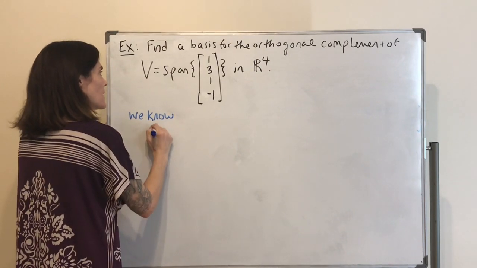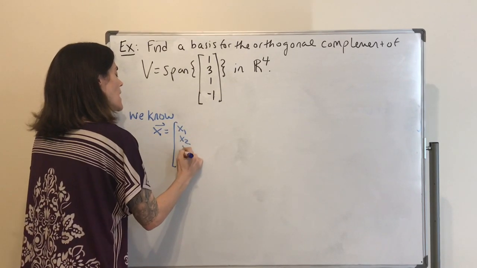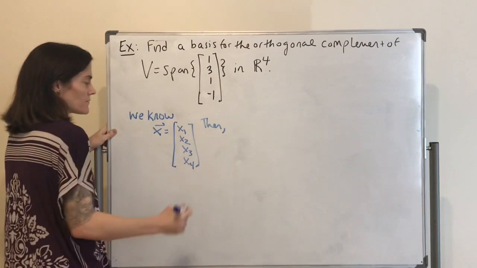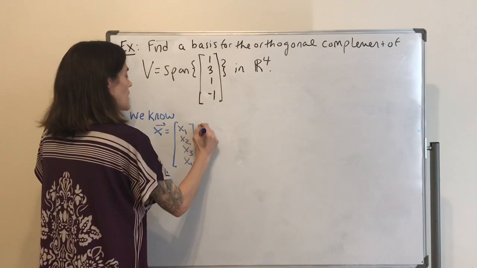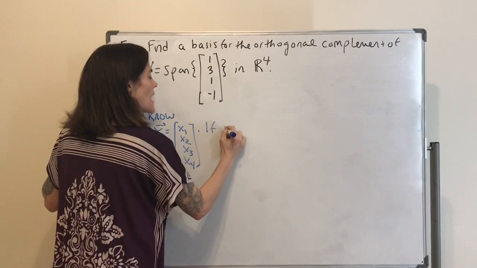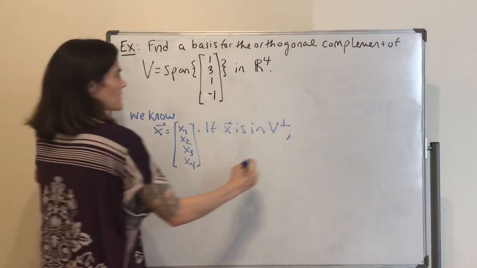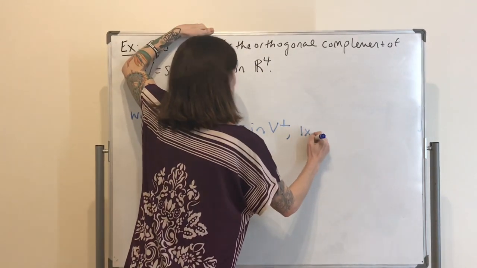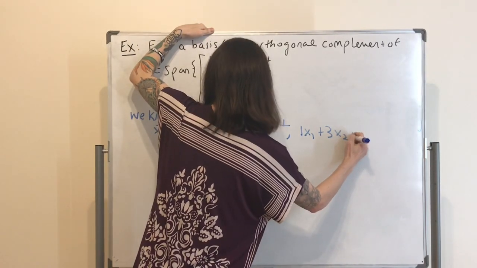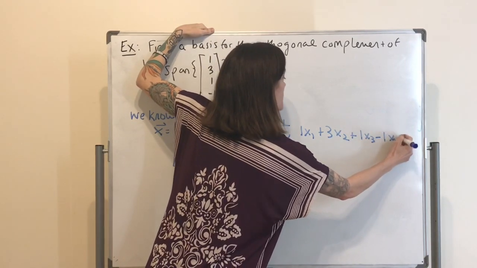Let's say x is x1, x2, x3, x4. Then if x is in V perp, we must have that 1x1 plus 3x2 plus 1x3 minus 1x4 is 0.